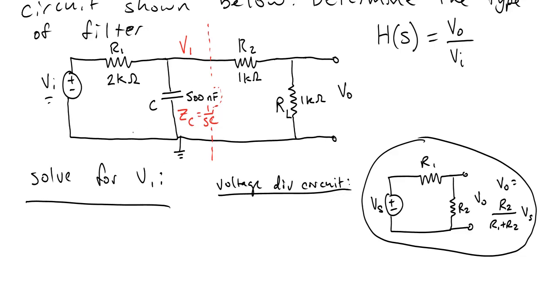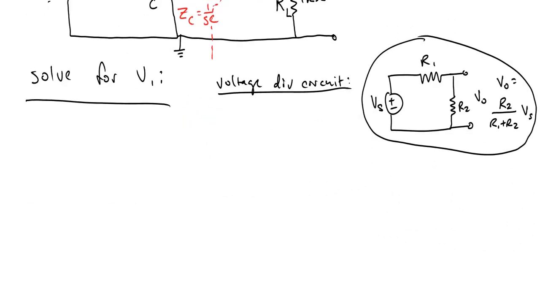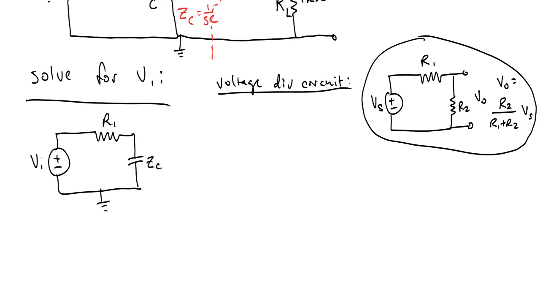So let's redraw similar to what we've drawn for the voltage divider circuit. We have this VI, we have R1, and then we have this capacitor, and its impedance is defined as ZC.